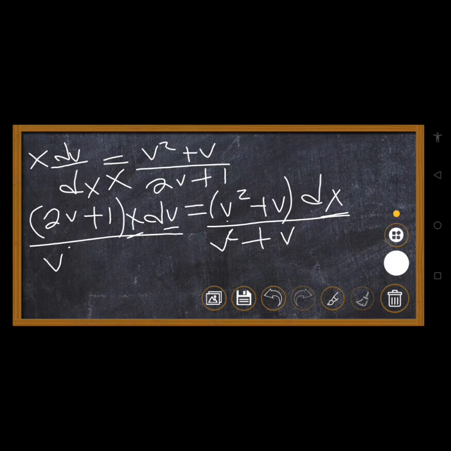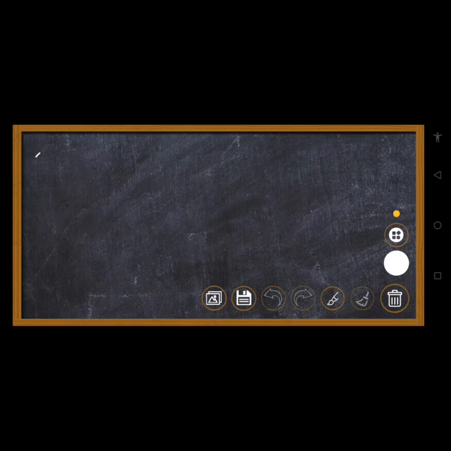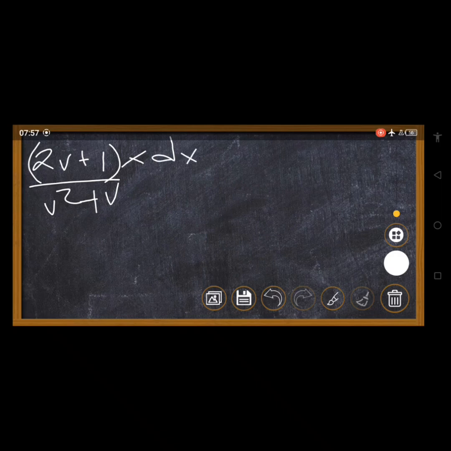So we cancel this and that. On the left side now we have 2v plus 1 over v squared plus v, then dv, equals dx.